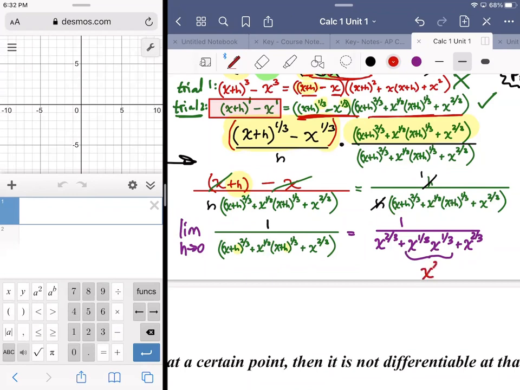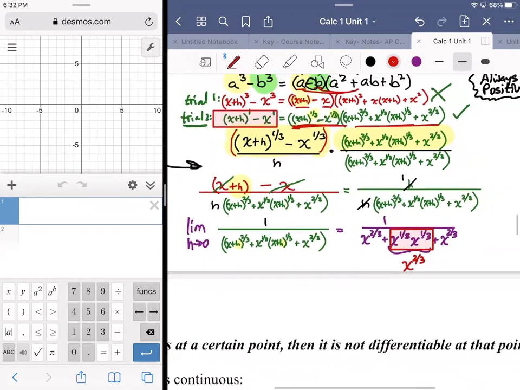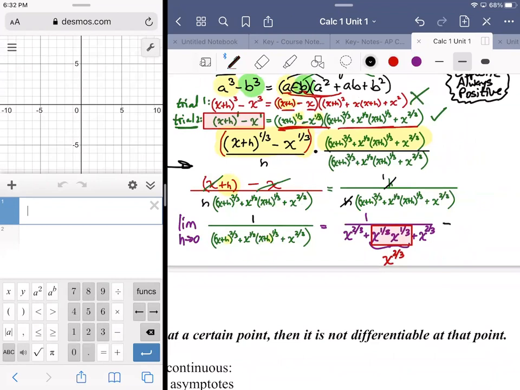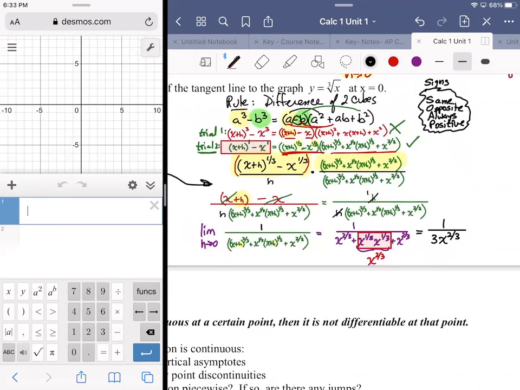That's another x to the 2/3. So this here amounts to x to the 2/3. So I have 3 of those x to the 2/3. So 1 over 3x to the 2/3 would be my derivative.